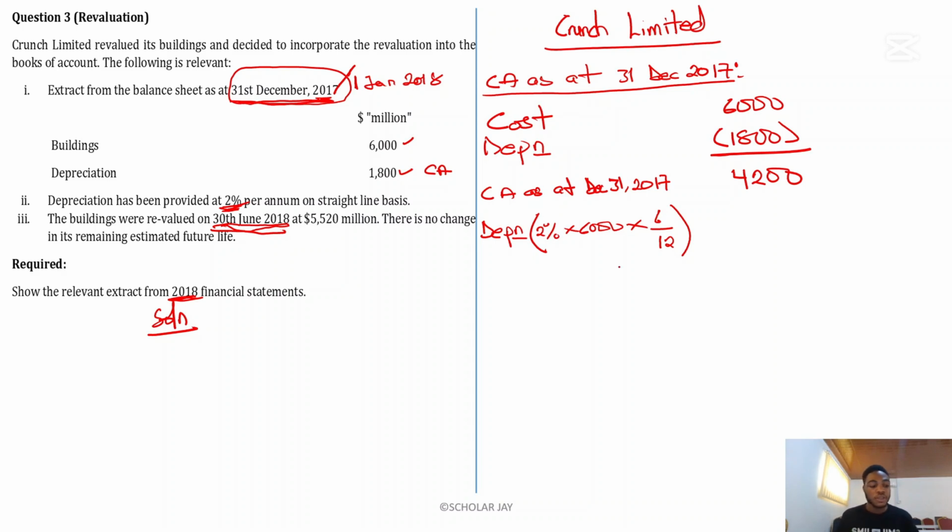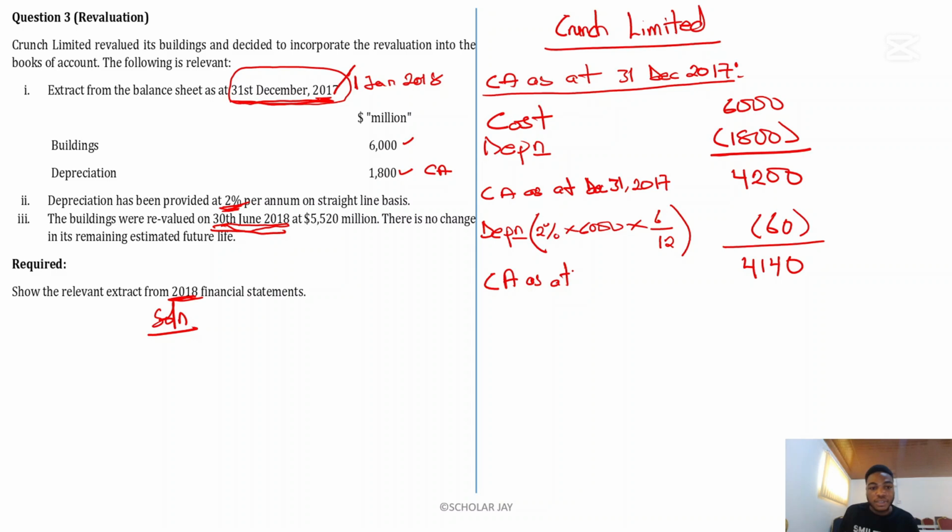So that's 6 months. So we are going to calculate 2% times 6,000 times 6 over 12. So that gives us 60. So what it means is that we will subtract only 60 and we will not calculate full year depreciation. So 4,200 minus 60, that's going to give us 4,140. So this gives us the carrying amount as at the date of revaluation.